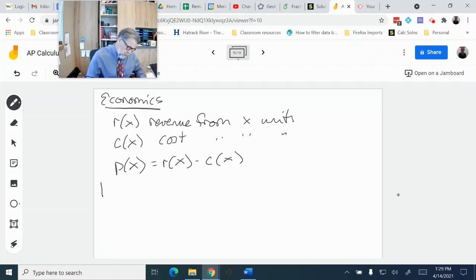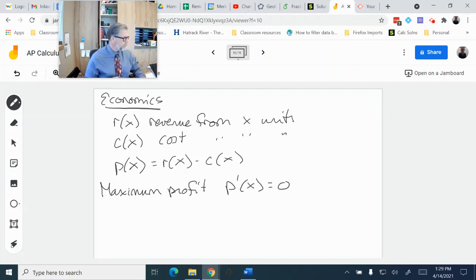So what do we know about maximum profit? Well, we know that maximum profit has to occur when the derivative of P is equal to 0. We're talking critical points here.